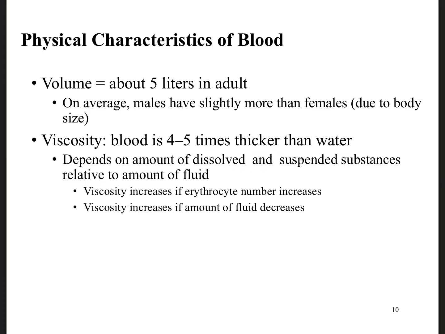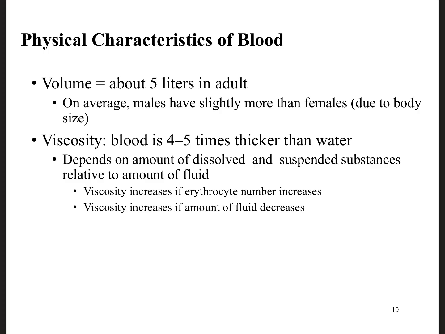So volume, viscosity, right? Blood viscosity is about 4.5 to 5.5, about 4 to 5 times thicker than water, again based upon how much stuff is there. How much stuff is dissolved in the fluid that we're talking about makes it more viscous.